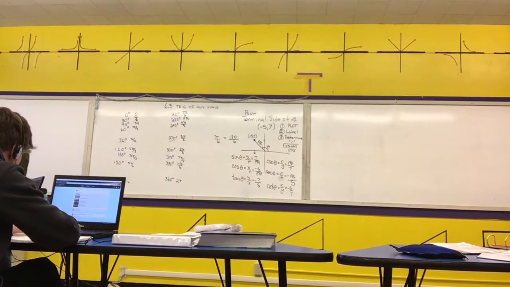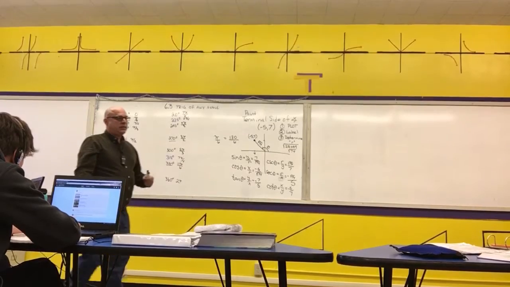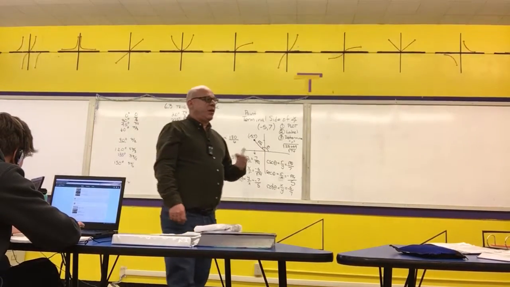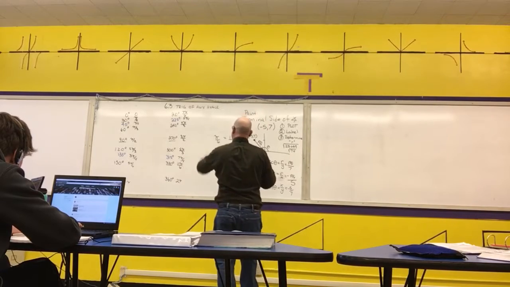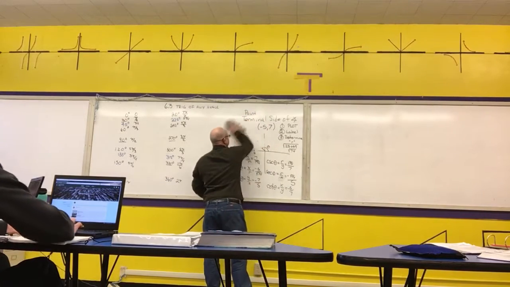So what we're going to do now is think about where these angles are. Okay? And we're going to figure out what their reference triangle is that's going to be associated here. I'm going to leave that on the board. I'm using this right now.